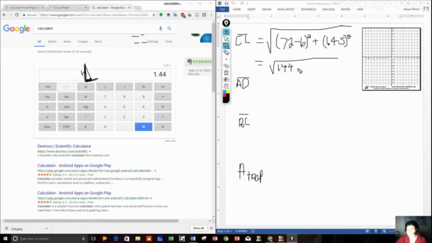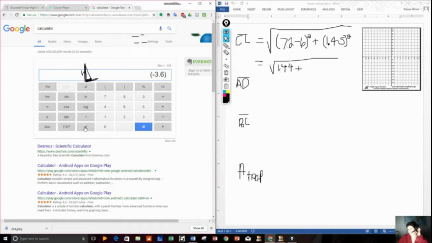Plus, okay, and now we're going to do 1.4 minus 5. It gives us negative 3.6, and this is squared. So now with something being negative, we have to make sure that it has parentheses. So I'm just going to retype it, negative 3.6, and I'm going to square it.